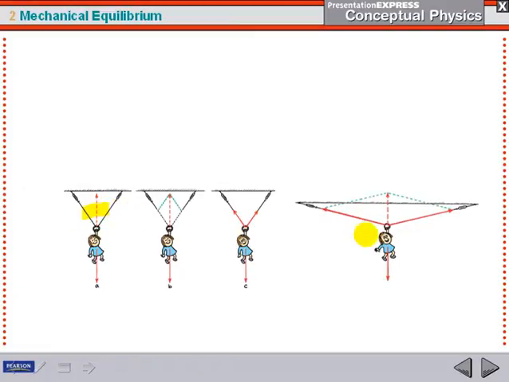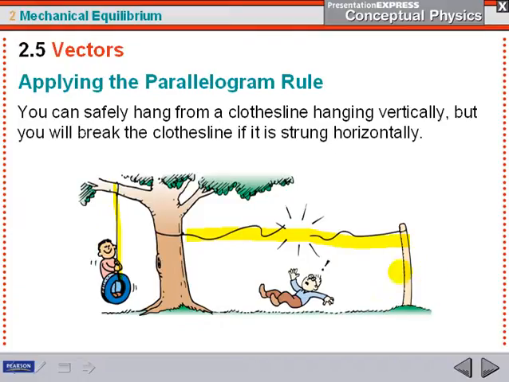You have a very small angle here, you have a very big angle here, and the bigger the angle between the two sides of the rope, the more tension there's going to be. So you can see very easily how this will snap because there's going to be more tension in this rope, and this will be just fine because there's just going to be tension that's equal to that guy's weight.